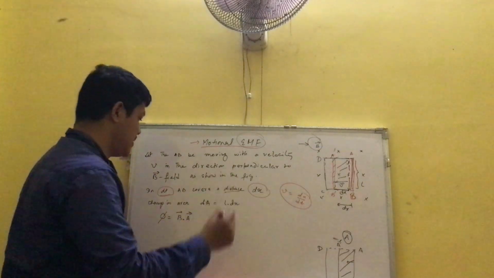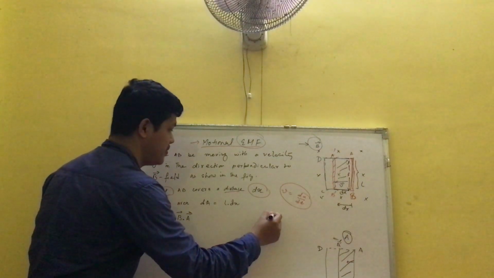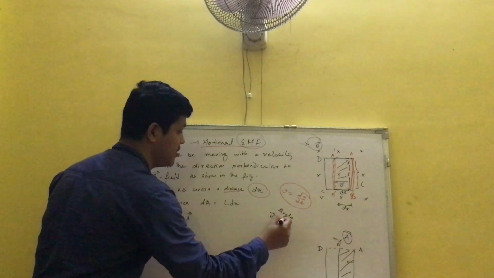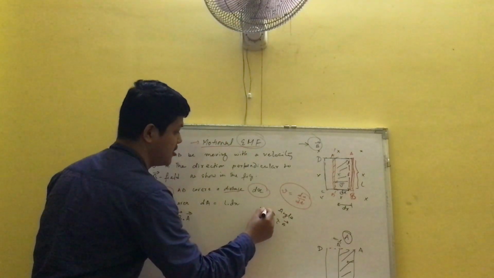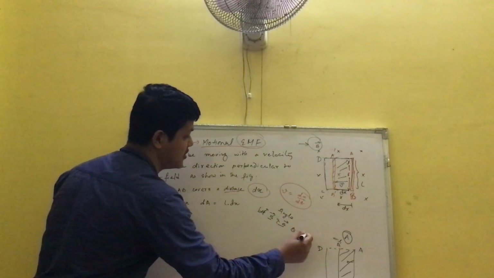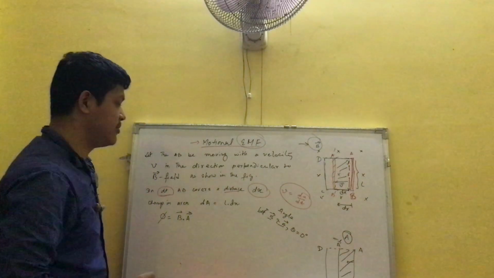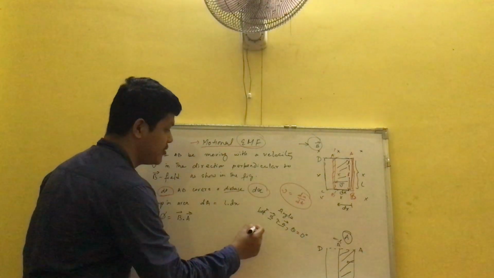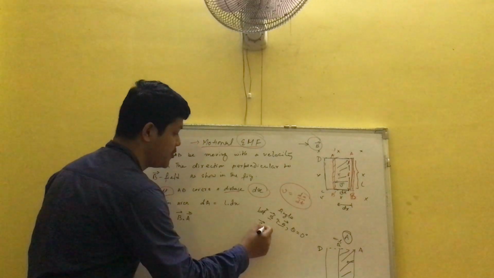In that case, the angle theta between the B vector and the A vector must be equal to 0.